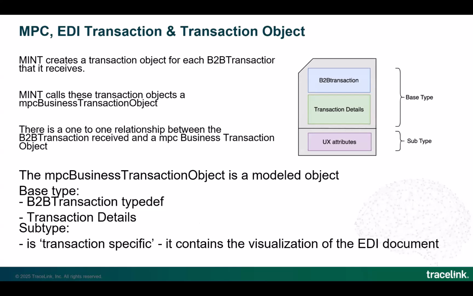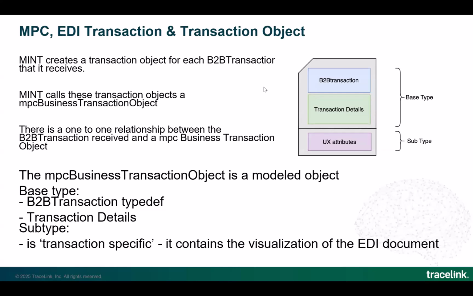Okay, so we kept talking about object every time we discussed, knowingly or unknowingly. Now let's discuss what an object is. First of all, whatever transaction B2B received, this was the purchase order file that B2B received initially when we dropped it on the inbox folder under XTT underscore X12, right?